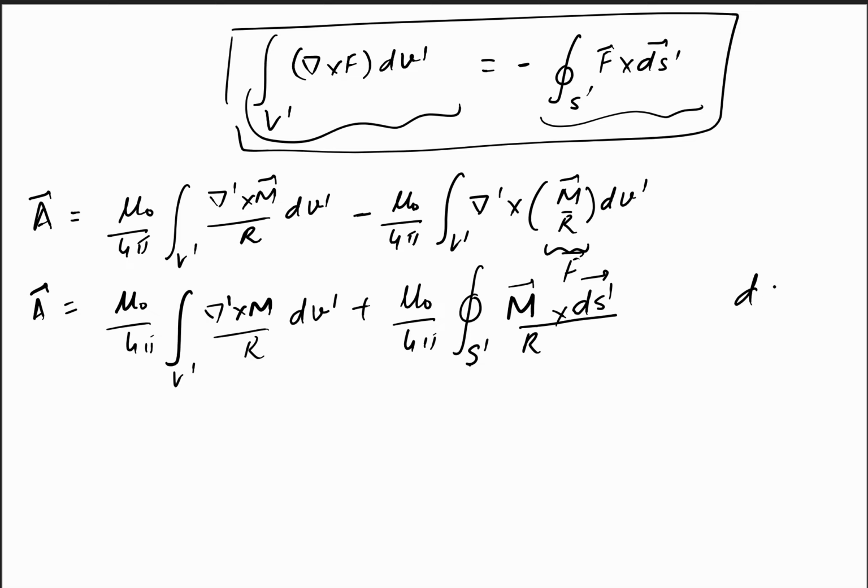Now ds dash is always pointing in the normal direction to the surface, or this is the normal vector to the surface.